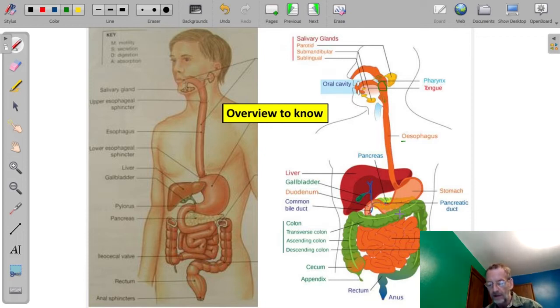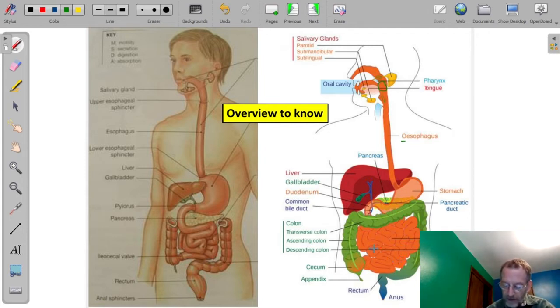Along the way are several accessory structures of the digestive system, including the salivary glands. The liver is considered a sort of second accessory structure. There's the gallbladder and a little blue bile duct that we'll take a look at later. And then the small intestine, several sections to that we'll look at.